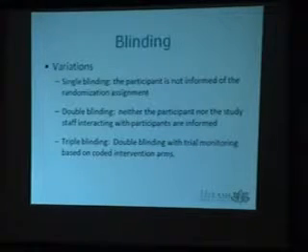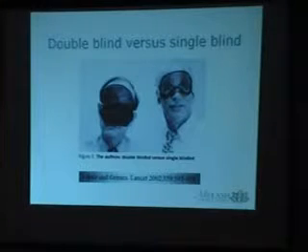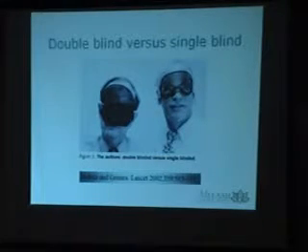They might get told A versus B. But I've also heard triple blinding described as nobody knows what they're doing. So we want to avoid that at the DCC. And this is double blind versus single blind, and you can see that this fellow on the left has a double blindfold on. Okay.